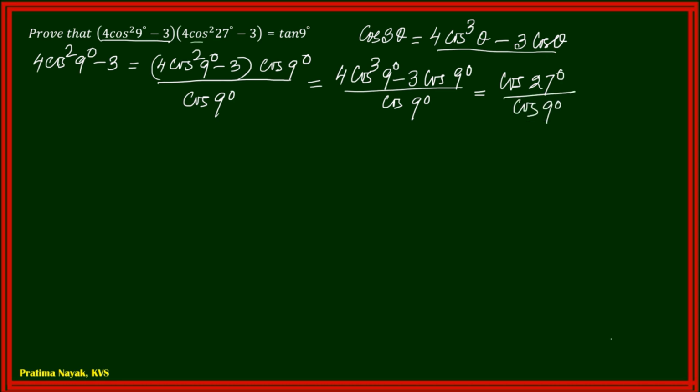Now coming to the second term, 4 cos square 27 degree minus 3. I'll multiply by cos 27 degree, both in the numerator and denominator.